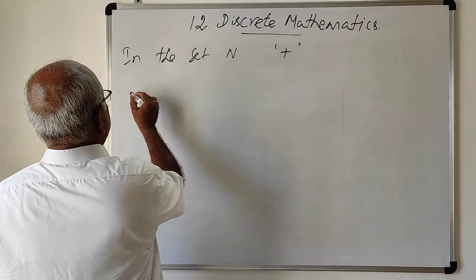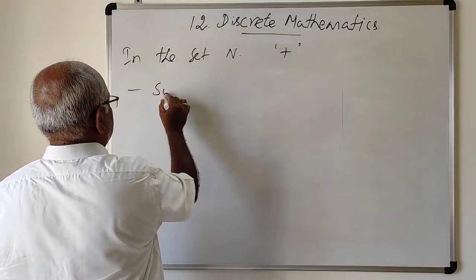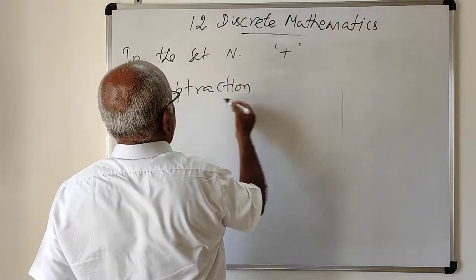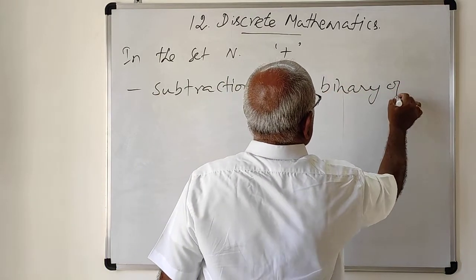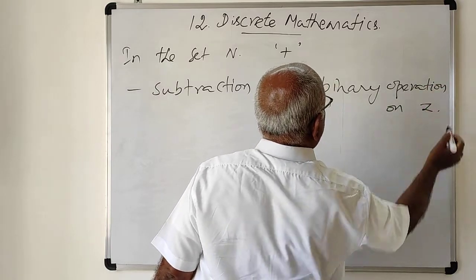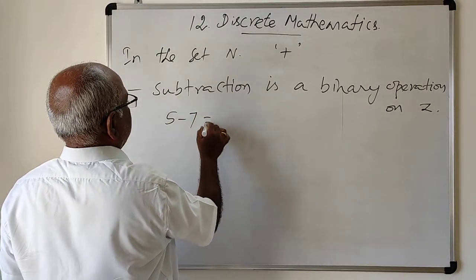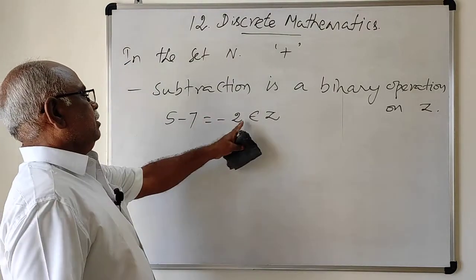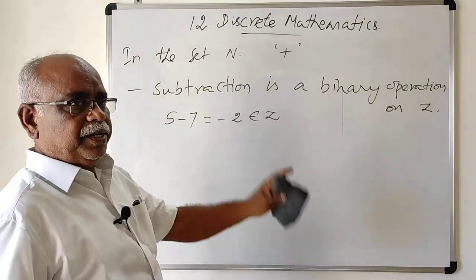Now I am going to give one more example, where subtraction is a binary operation. Subtraction is a binary operation on Z, because we know that 5 minus 7 equals minus 2, which is not in N, but which is in Z. Minus 2 is not in N, therefore minus is not a binary operation on natural numbers.